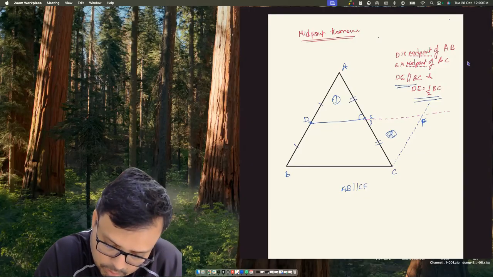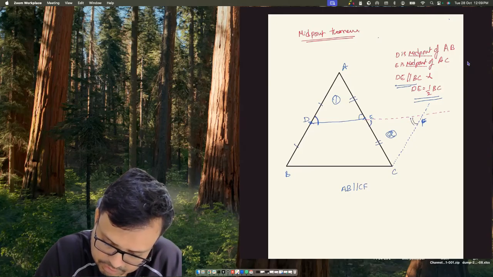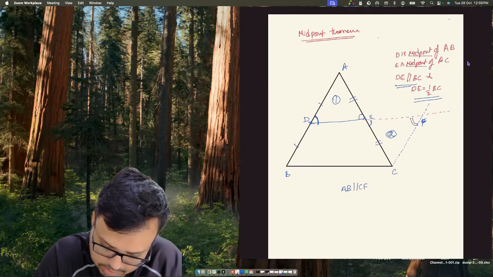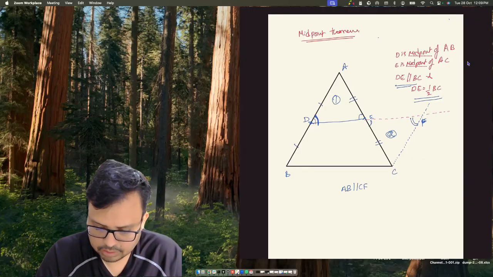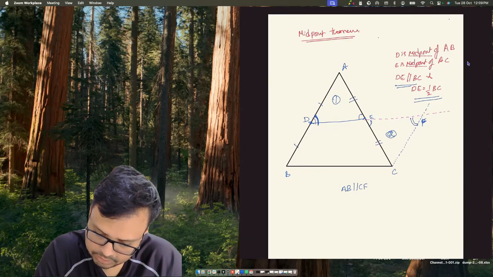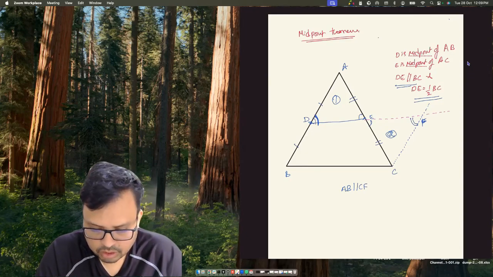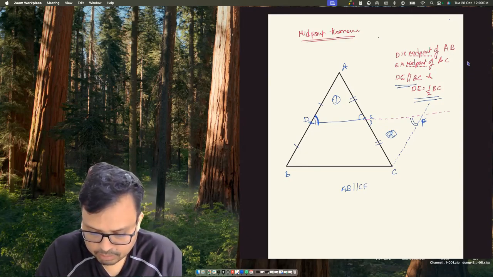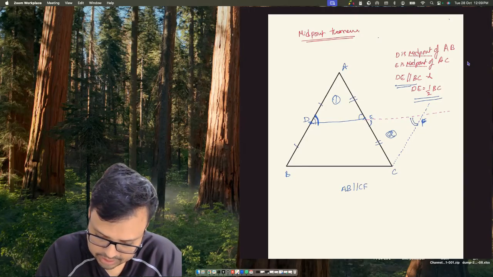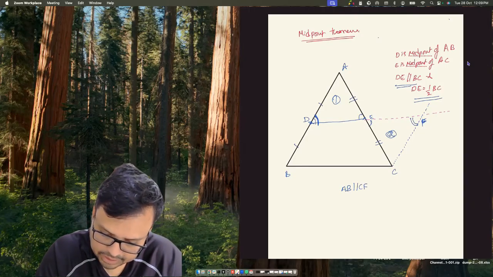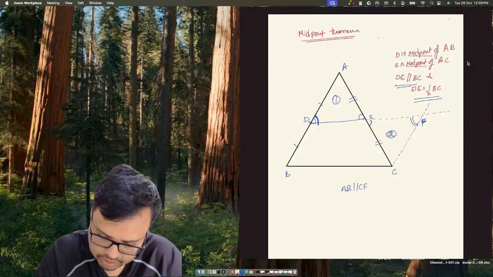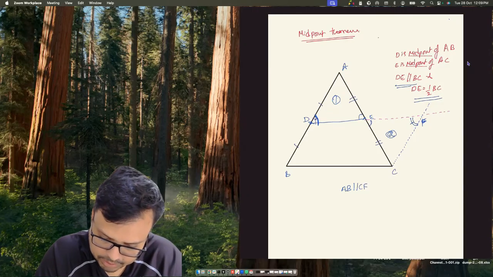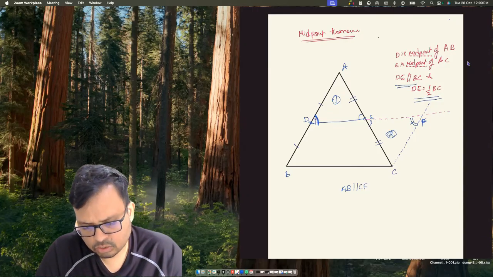Based on the transversal properties, the alternate interior angles, angle ADE will be the same as angle CFE. Let's mark it differently with two lines here. Since AB is parallel to CF, this angle is the same as this angle because they are alternate angles.